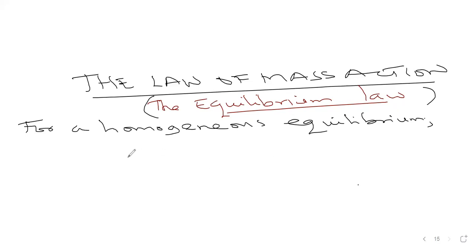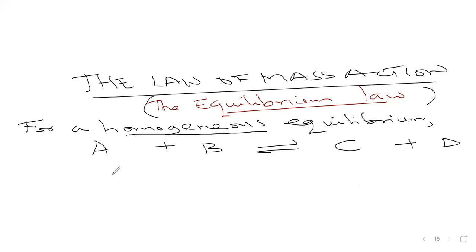Let's consider an equilibrium reaction between A and B. Since we are dealing with chemical equilibrium, the reaction is reversible to form C and D. I'm ignoring the state symbols because the equilibrium is homogeneous.